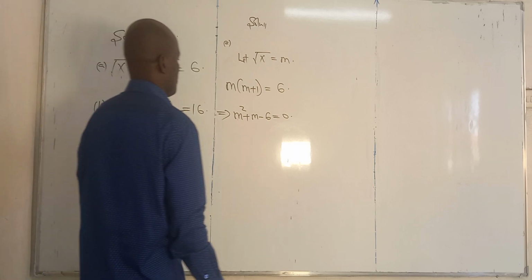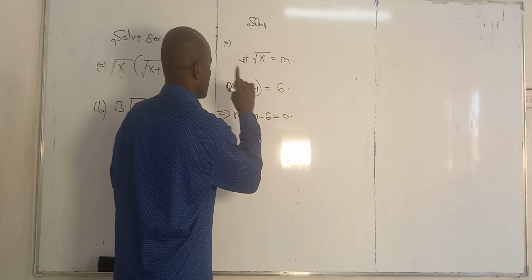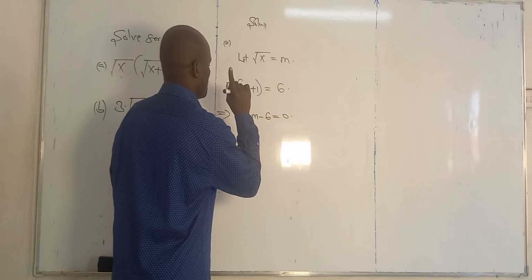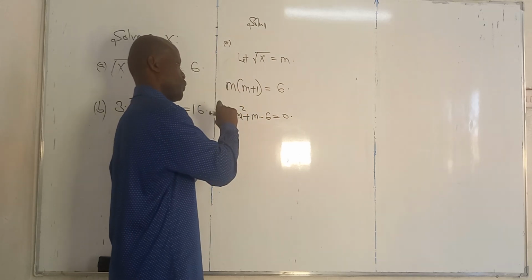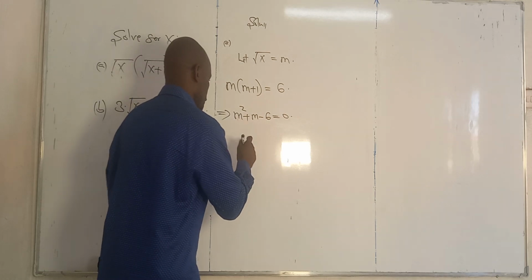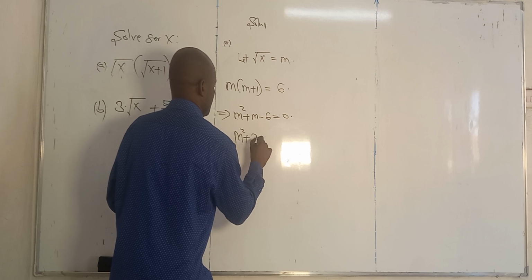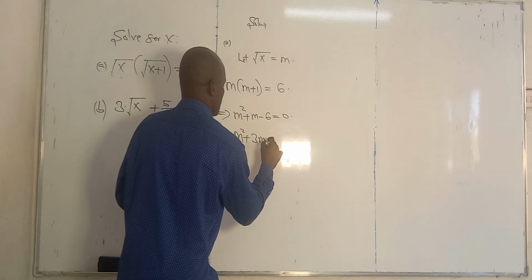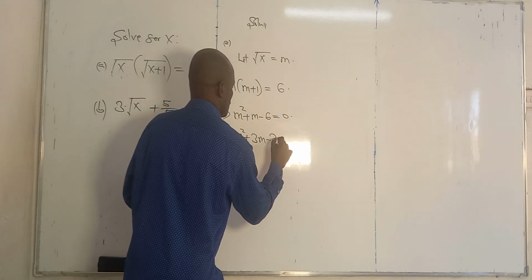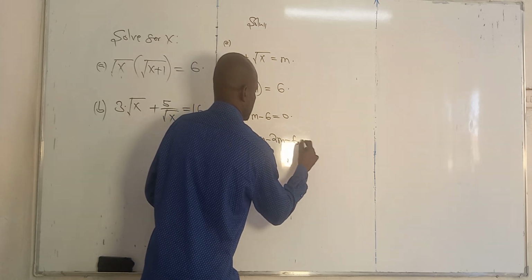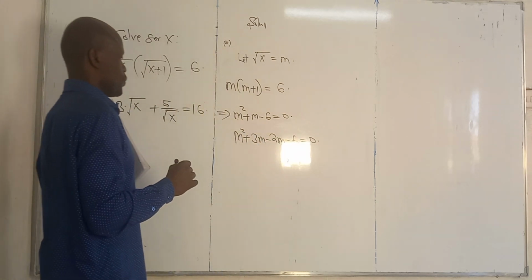So we want two numbers whose product is minus 6 and sum is positive 1. That has to be positive 3 and minus 2. So I have m squared plus 3m minus 2m minus 6 equal to 0.